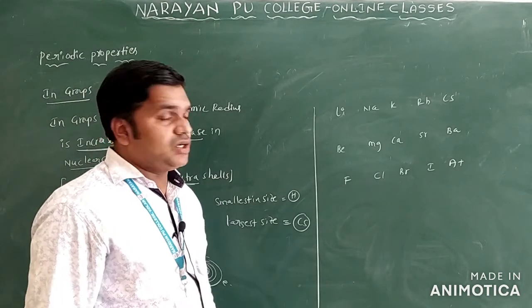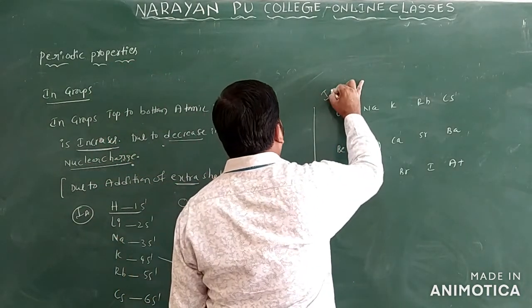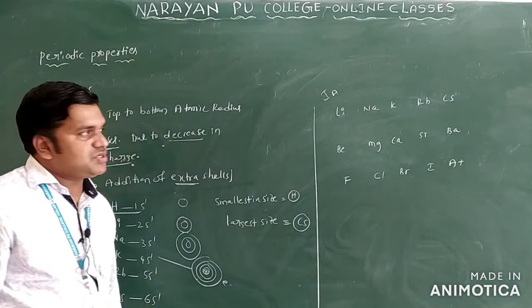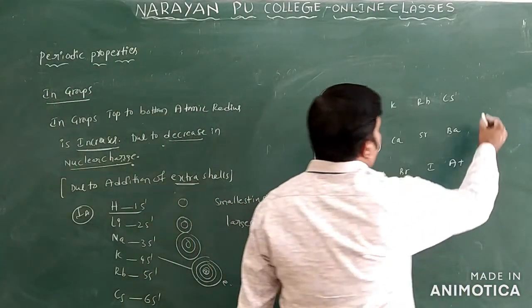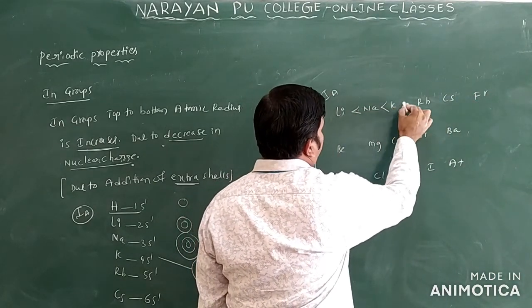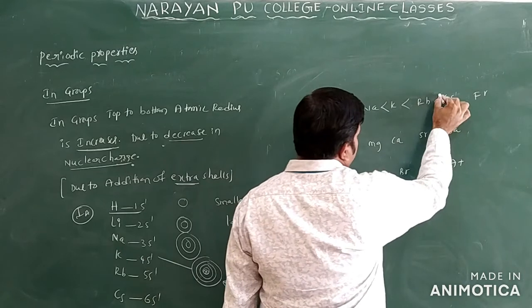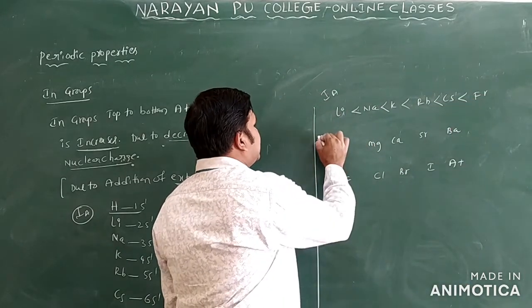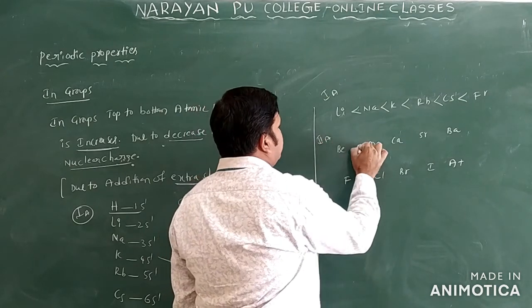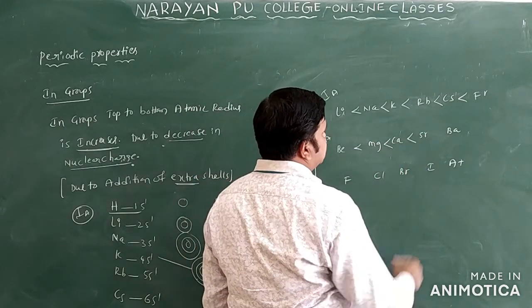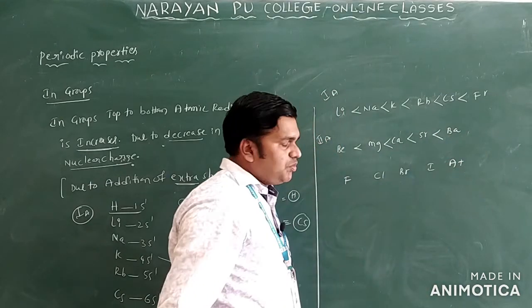See this group of elements. If we take the first A group elements, we have lithium, sodium, potassium, rubidium, cesium, and I can write francium also. So lithium is less than sodium, less than potassium, less than rubidium, less than cesium, less than francium only. If we take the second A group elements, beryllium is less than magnesium, less than calcium, less than strontium, less than barium only.